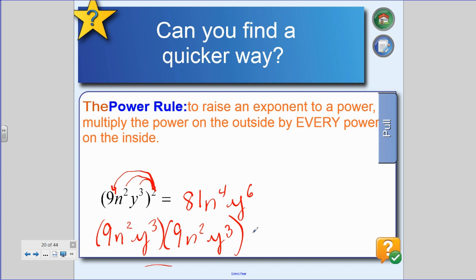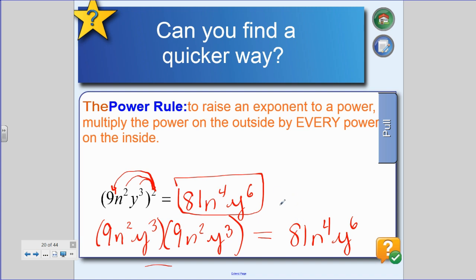Using the product rule from here, 9 times 9 is indeed 81. There are two n's here and two n's here multiplying each other, that's a total of 4 n's. And there are 3 y's here and 3 y's here multiplying each other, that is a total of y to the 6th. And hopefully you trust me a little more now because we got the same exact answer.